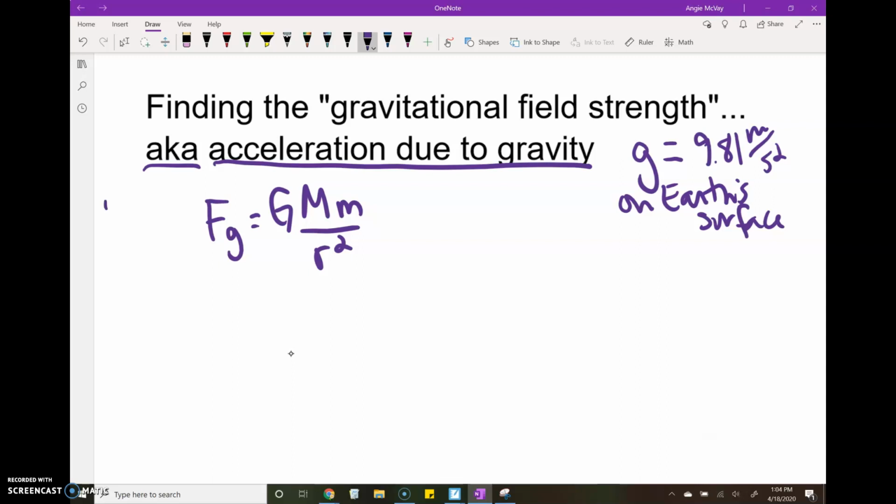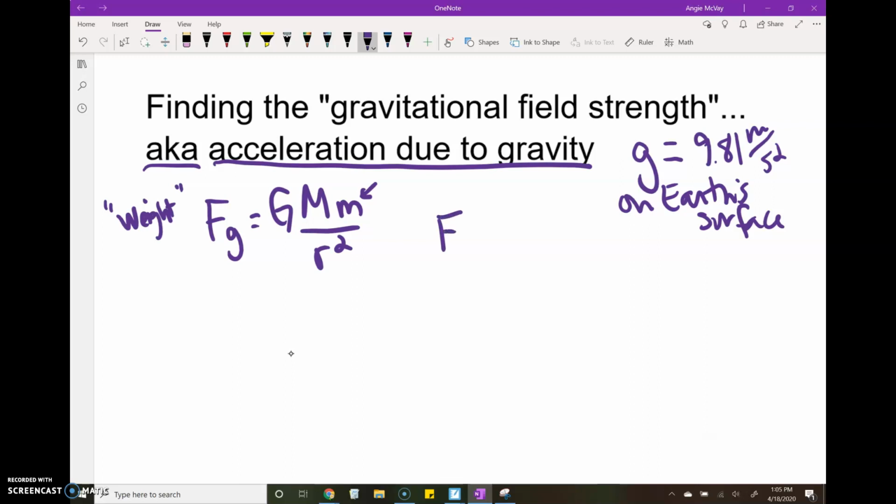Remember, another name for FG is an object's weight. And if we're asking what is the weight of the satellite, they're talking about the weight of the smaller mass.